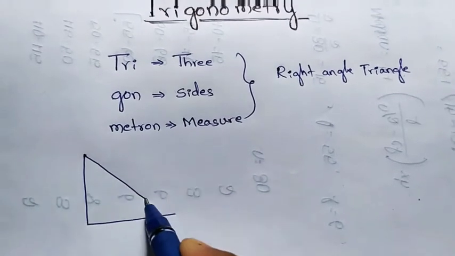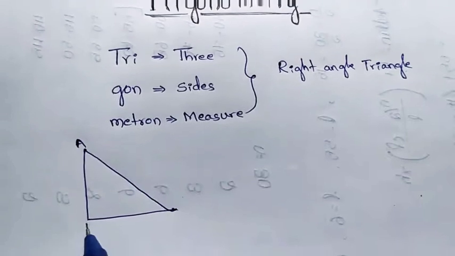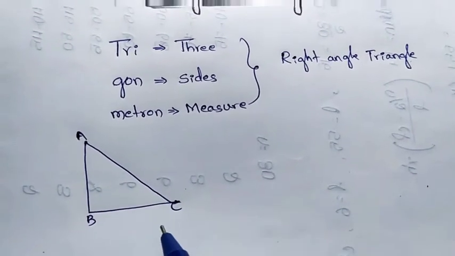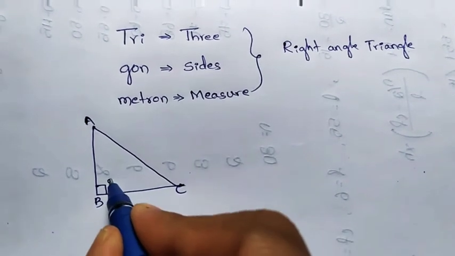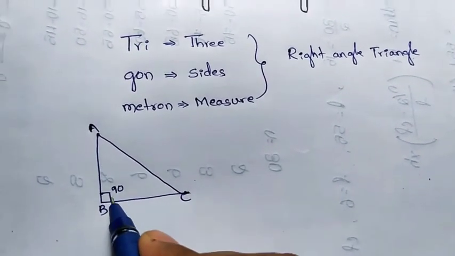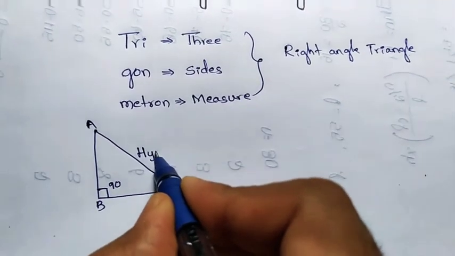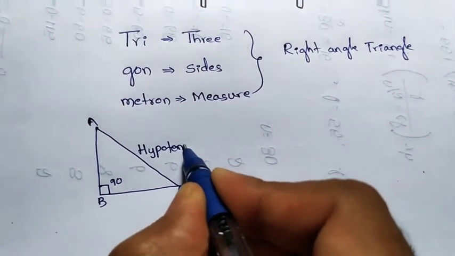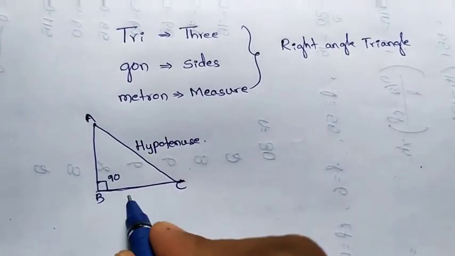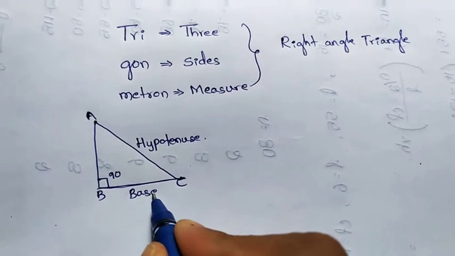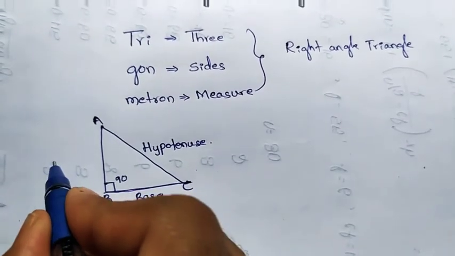Here I will take A, B, C as my triangle with angle B as 90 degrees. Usually we know the opposite side of 90 degrees is the hypotenuse, the bottom one is the base, and the vertical one is the altitude or height.